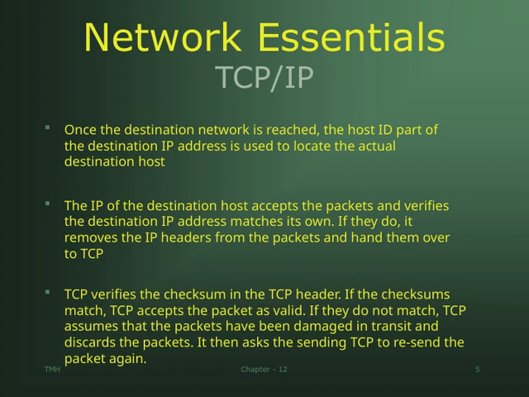In that case, TCP will request that the sender resend the packet. This process helps ensure data integrity and reliability, which is essential for accurate communication across networks. This entire sequence ties back to our overall theme of understanding how data travels reliably from one device to another using the TCP/IP protocol suite.